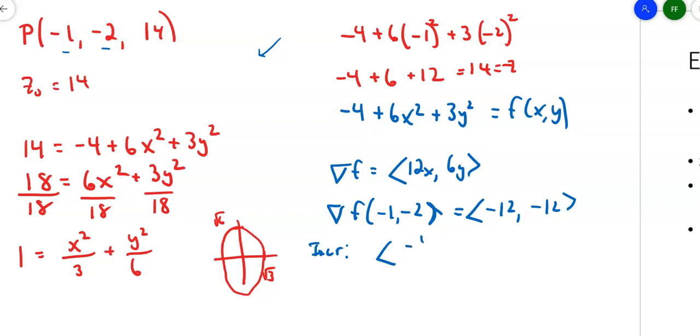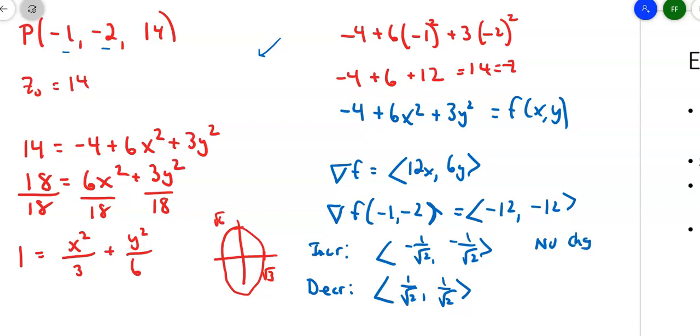So it's going to be negative 1 over the square root of 2, negative 1 over the square root of 2. Maximum decrease will then be the opposite. So positive 1 over the square root of 2, positive 1 over the square root of 2. And then can you see no change? Yeah, I'm going to flip them, but if it's a 45-degree angle, flipping them isn't going to make any difference.